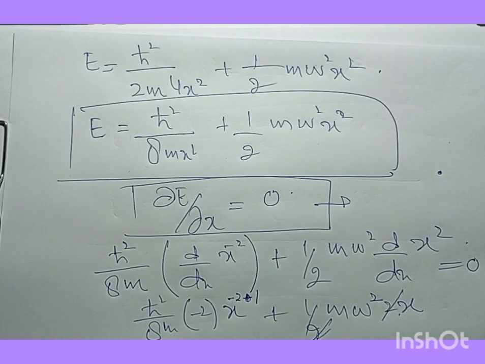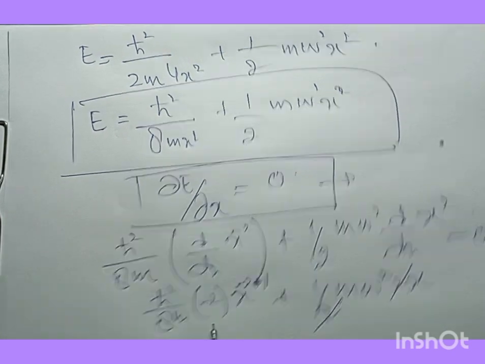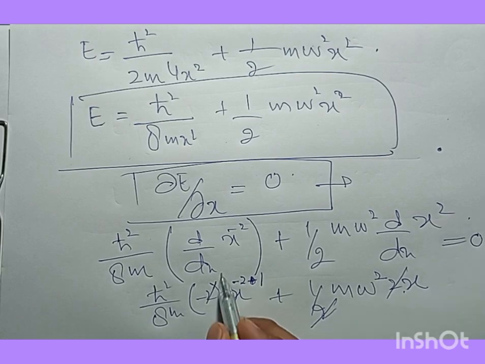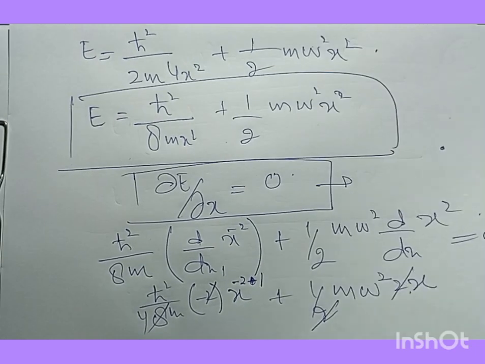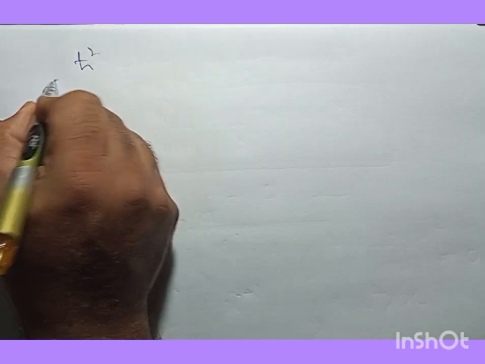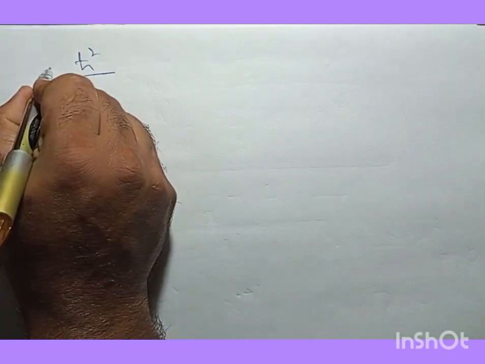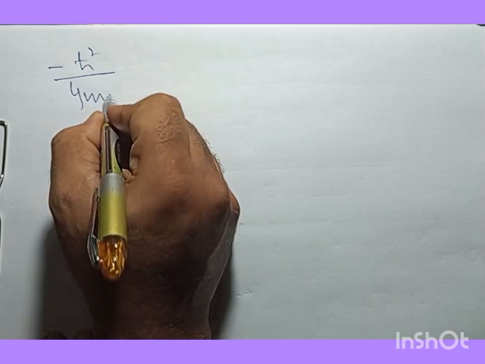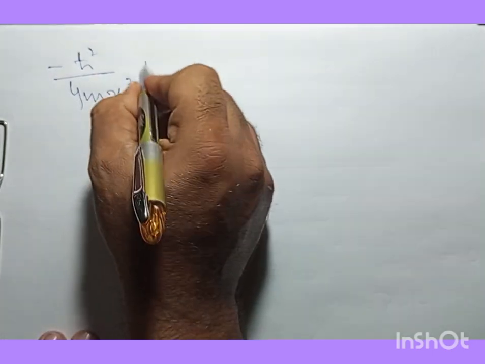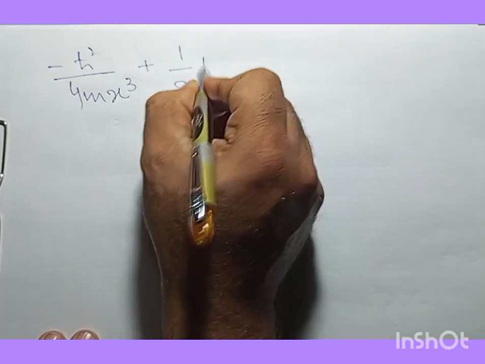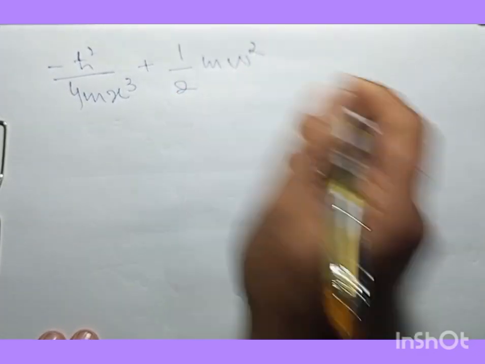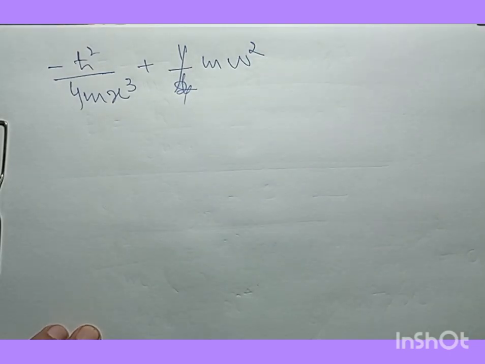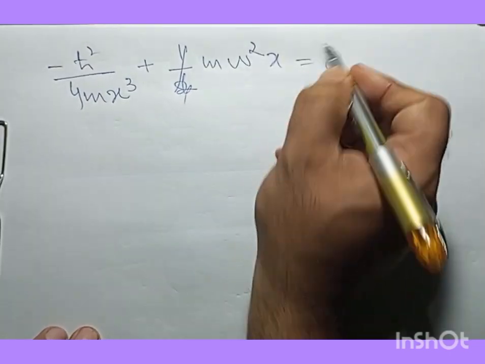What we obtain from here is h cross square by 4m x cube, with a minus sign, then plus m omega square x is equal to 0.